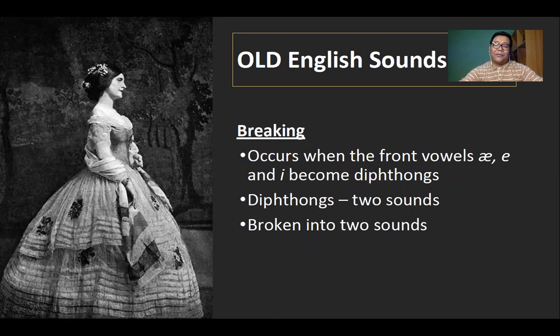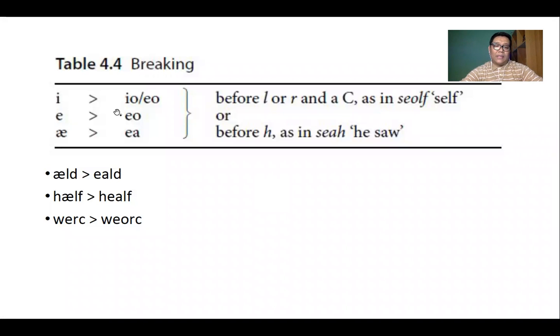Okay? Apart from palatalization and voicing, you also had breaking. This occurs when the front vowels a and e become diphthongs, wherein we have two vowel sounds. These two vowel sounds are broken into sounds. For example, in this word, instead of E, before we had EO.